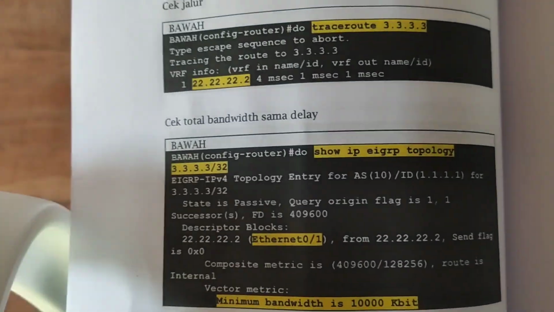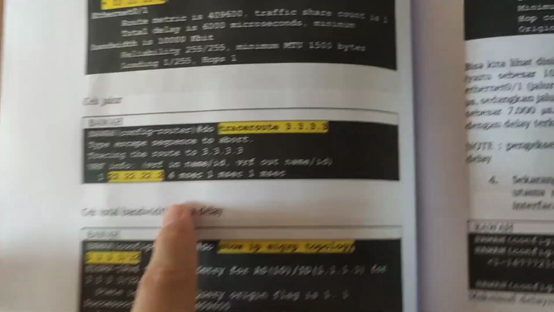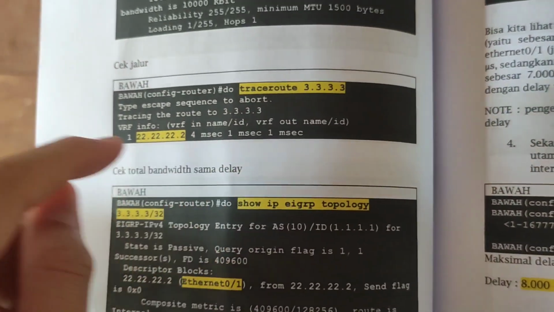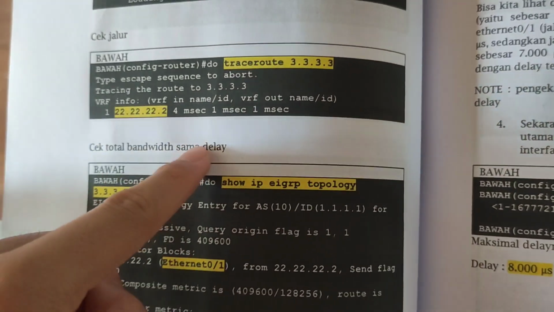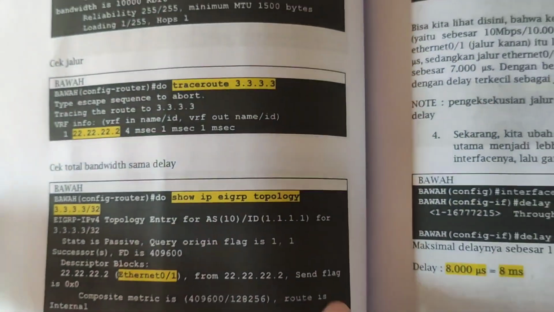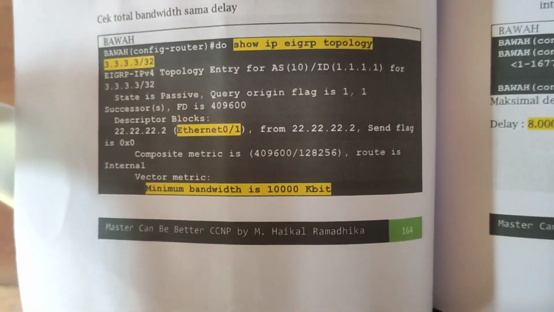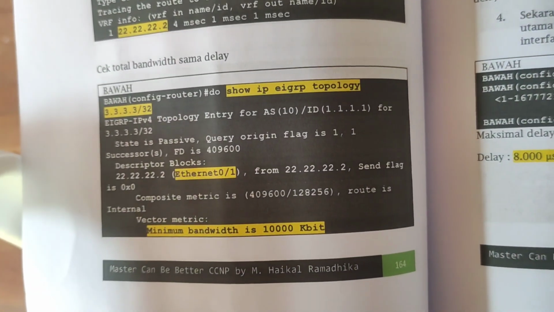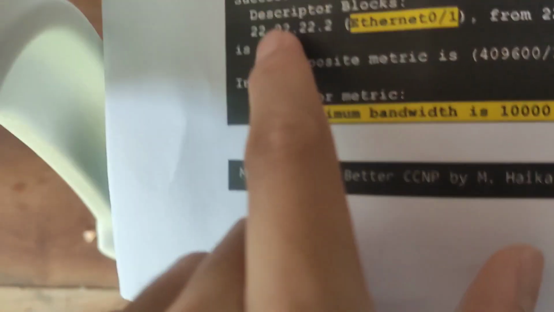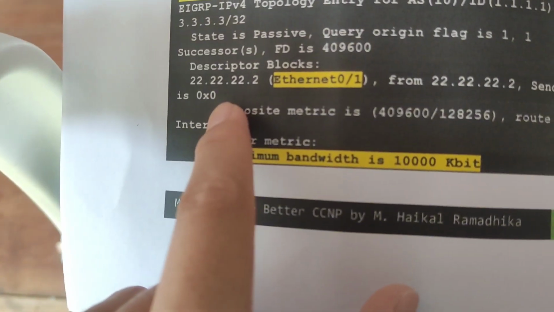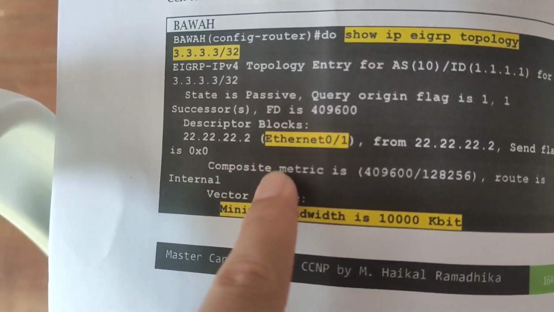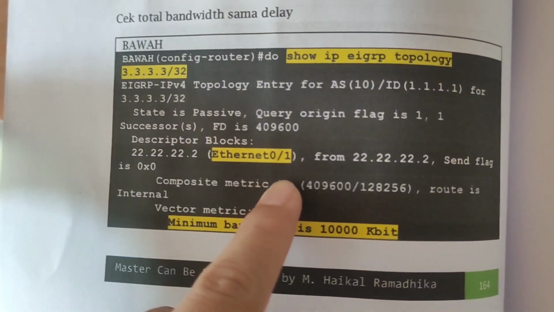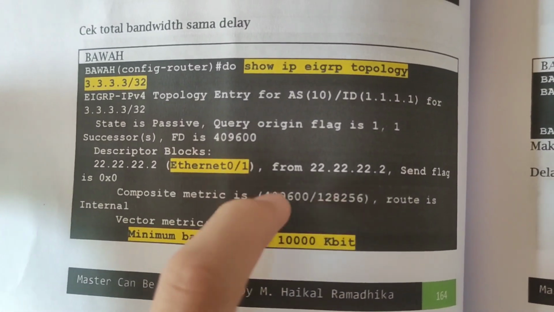Okay, you can check in router down. And then you can check again in the router down with show ip HRP topology. So here there is IP address 22.2 from Ethernet 0/1.